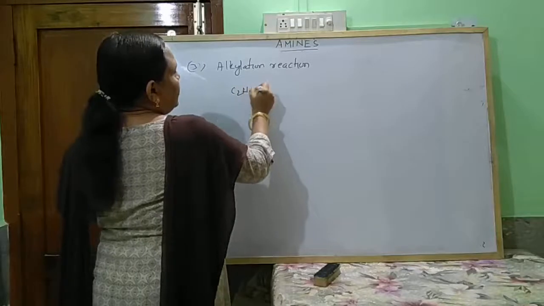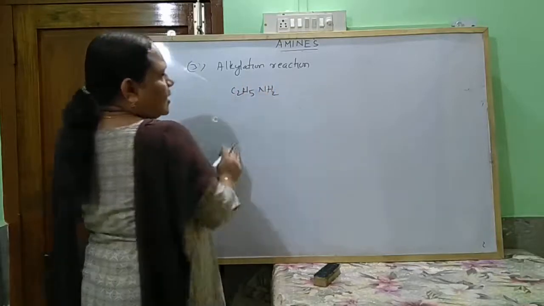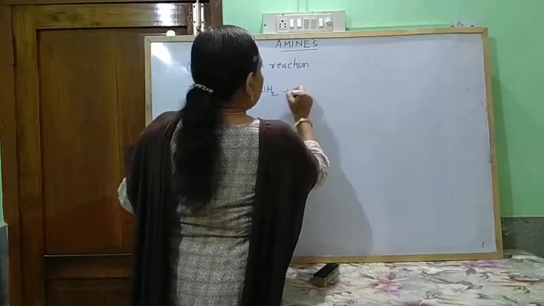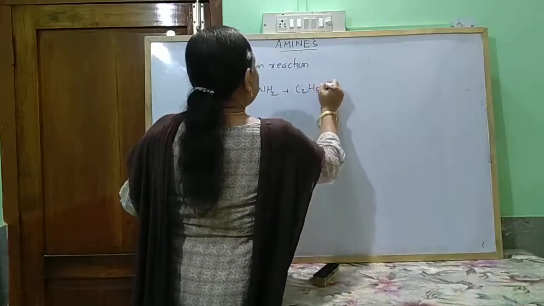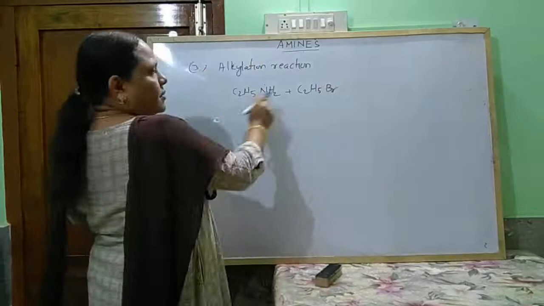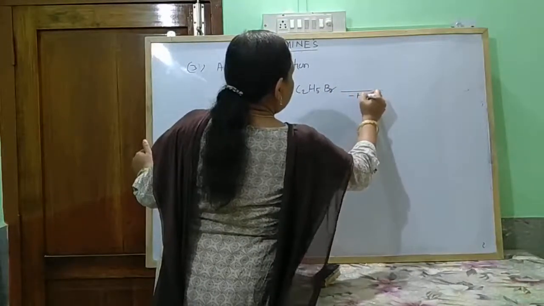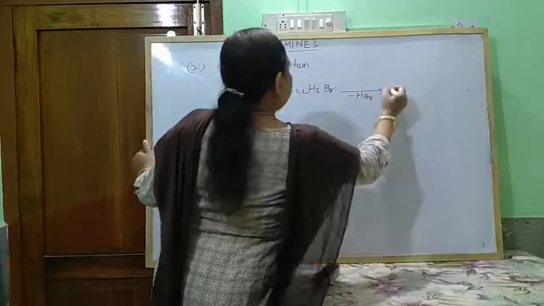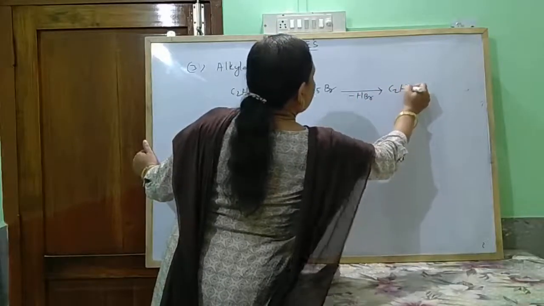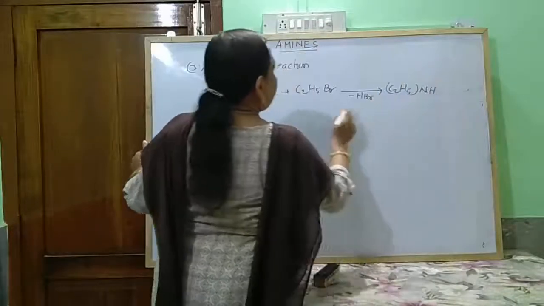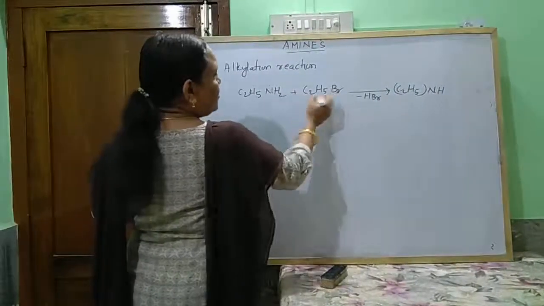Suppose ethylamine reacts with ethyl bromide, minus HBr. It forms diethylamine. Here one H, here one Br.